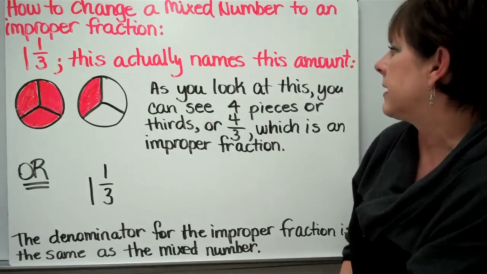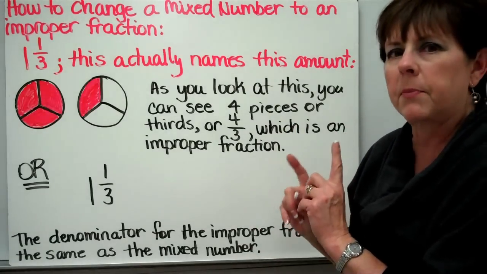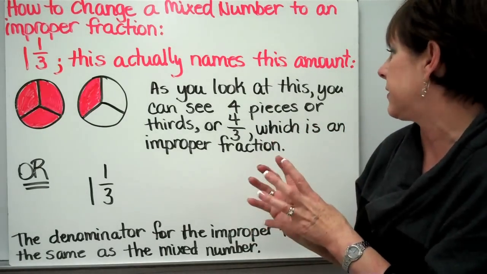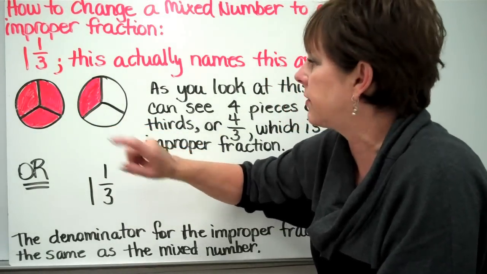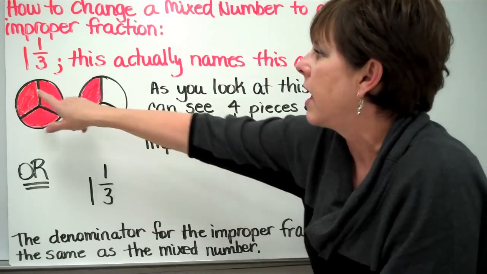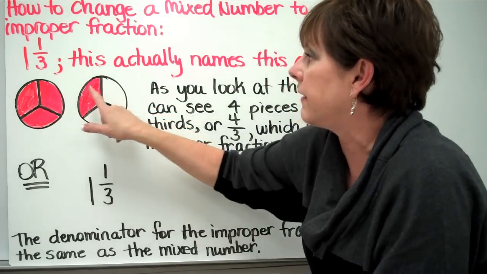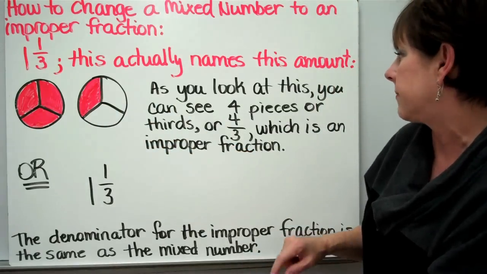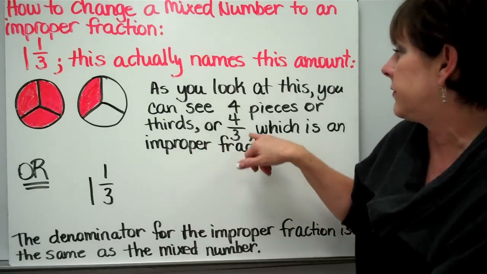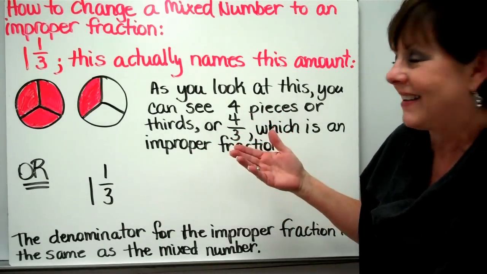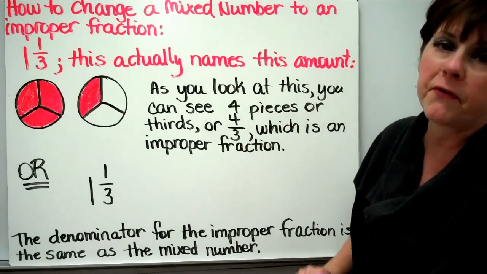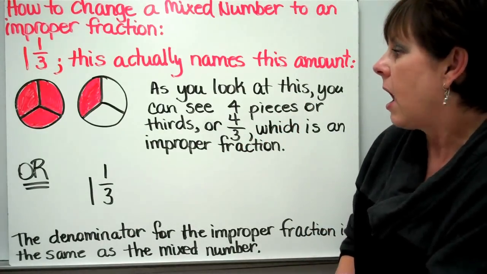But as you look at this, you can also probably see 4 pieces or thirds. This is divided into thirds, this is divided into thirds, and you can see 1, 2, 3, 4 have been shaded in. We could also say this is 4 thirds, 4 out of 3. That's an improper fraction, okay?